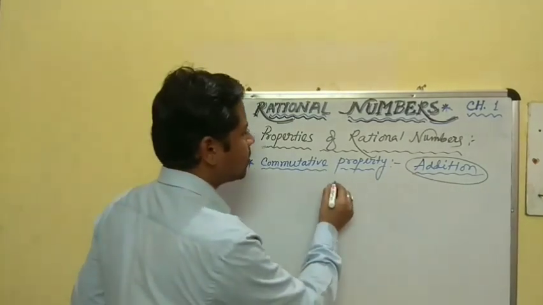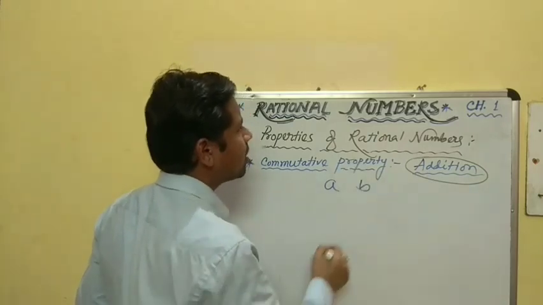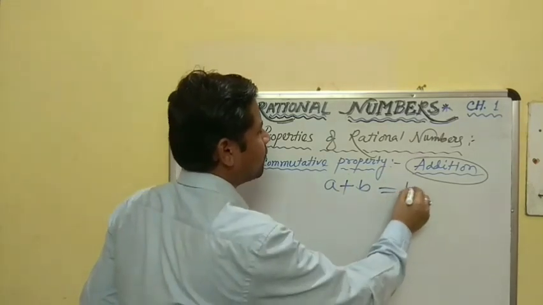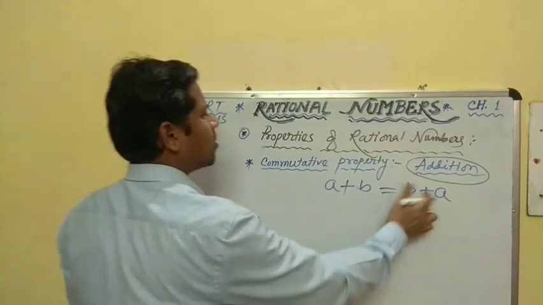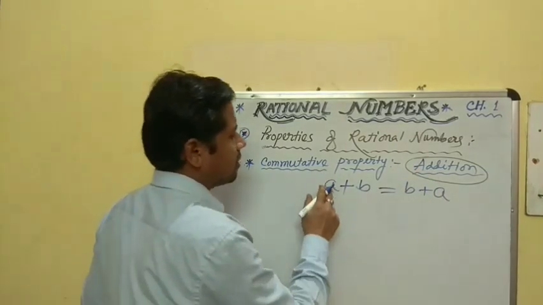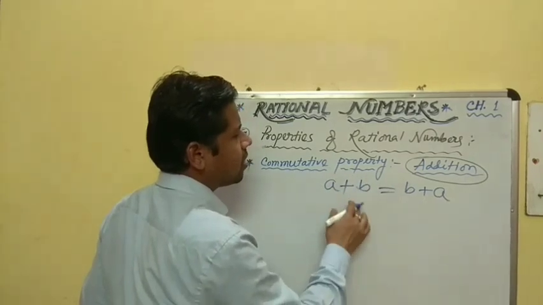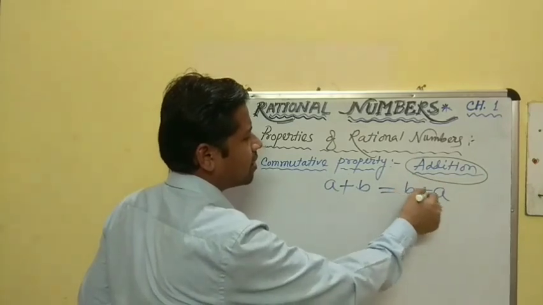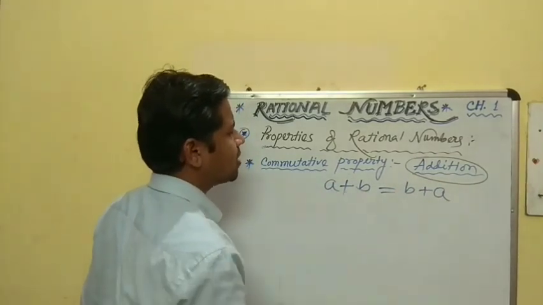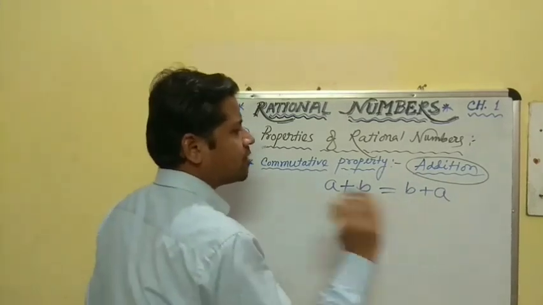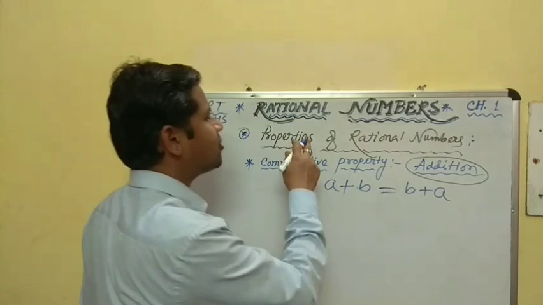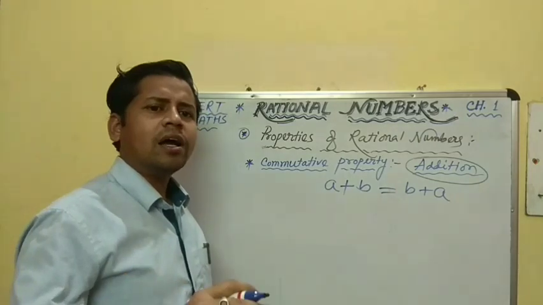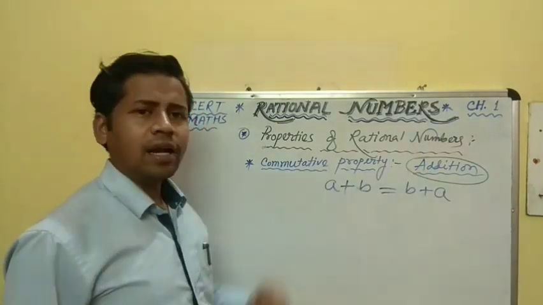If there are any two rational numbers such as a and b, if we add a plus b, and the sum can also be arranged in this order, b plus a, if we change the order or sequence and the result is the same, then we can say that rational numbers are commutative under addition.